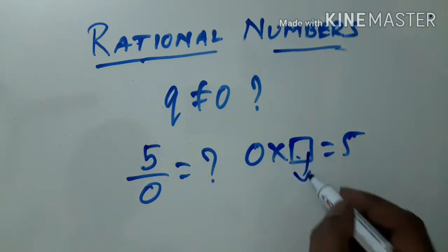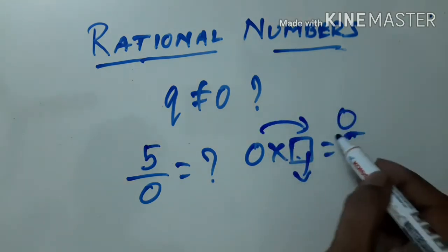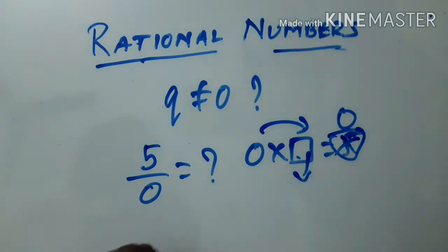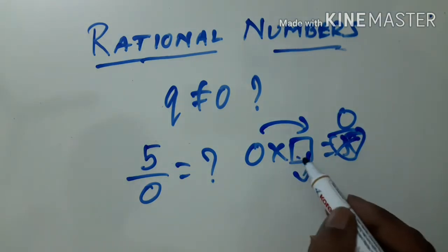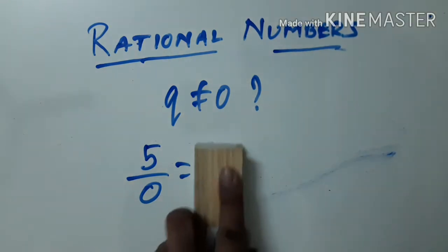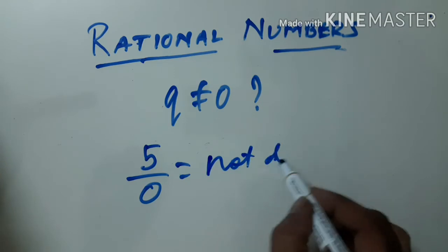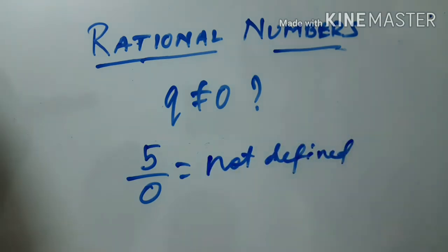We don't have any such number here. 0 multiplied by anything, we will get 0 only. We will never get 5. So 5 by 0 is not defined.